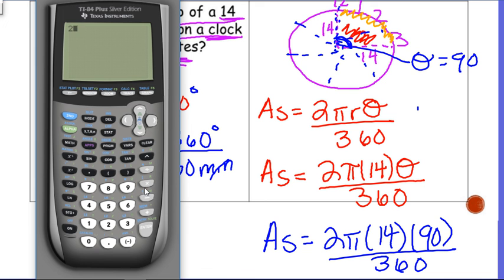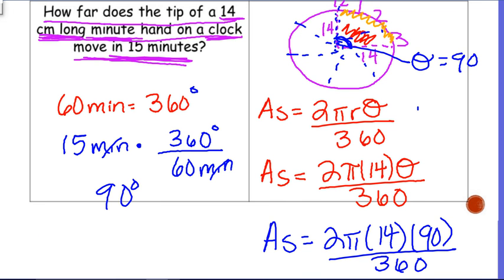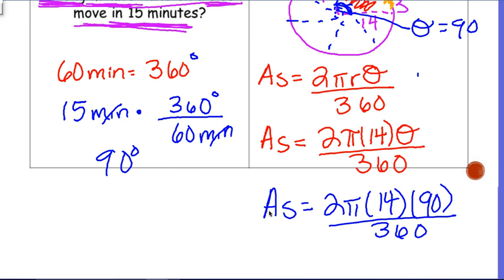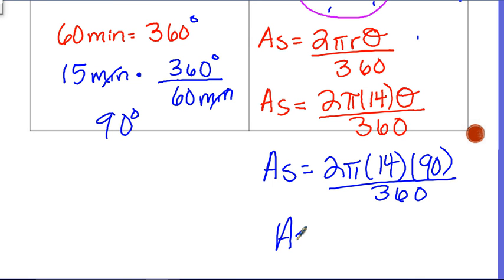So I want to say 2 times 14 times 90 equals, divide by 360 equals 7. Now, I know I have told you not to mess with pi, but I'm going to show you both ways so you can be prepared for your summative. So you can leave the exact answer as 7 pi.